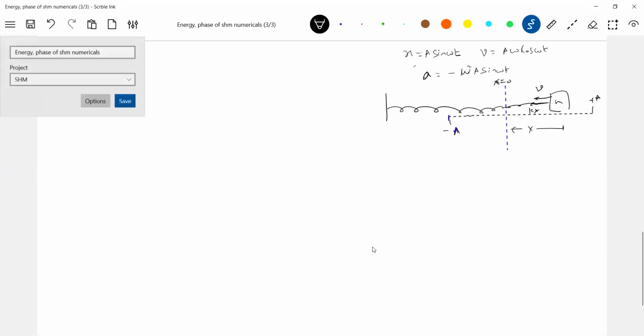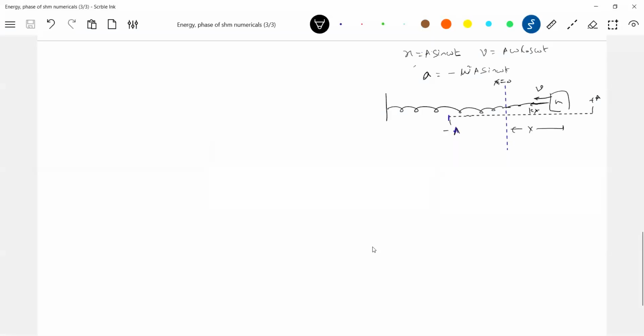So what is the expression for the potential energy of the block? And what is the expression for kinetic energy? mv square by 2. Further, v you can write as omega root of a square minus x square, whole square.